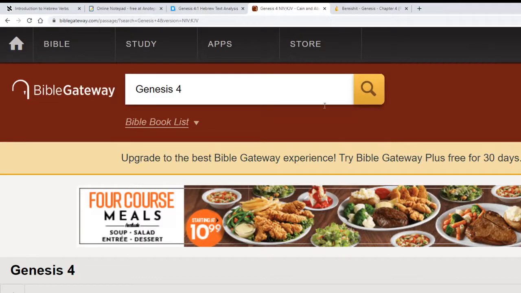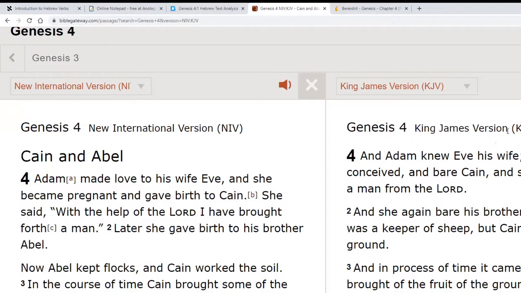Let's take a look. King James Version. And Adam knew Eve, his wife, and she conceived and bare, bore, I would say, and said, I have gotten, right? So the acquisition here, they're translating as gotten, a man from the Lord.